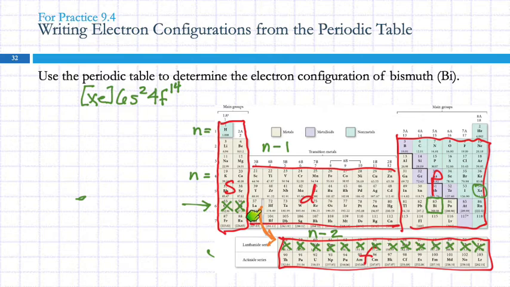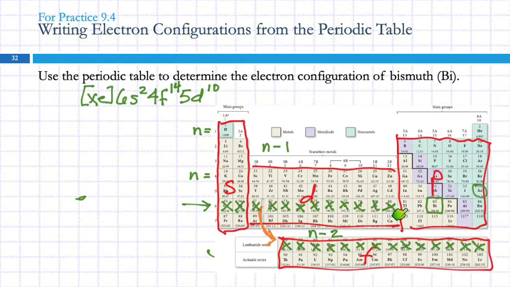So now we're going to come back and deal with these guys. We kind of just set that guy aside. 1, 2, 3, 4, 5, 6, 7, 8, 9, 10. This is n minus 1, so the row number minus 1. So this is 5d, and there's 10 electrons in there.